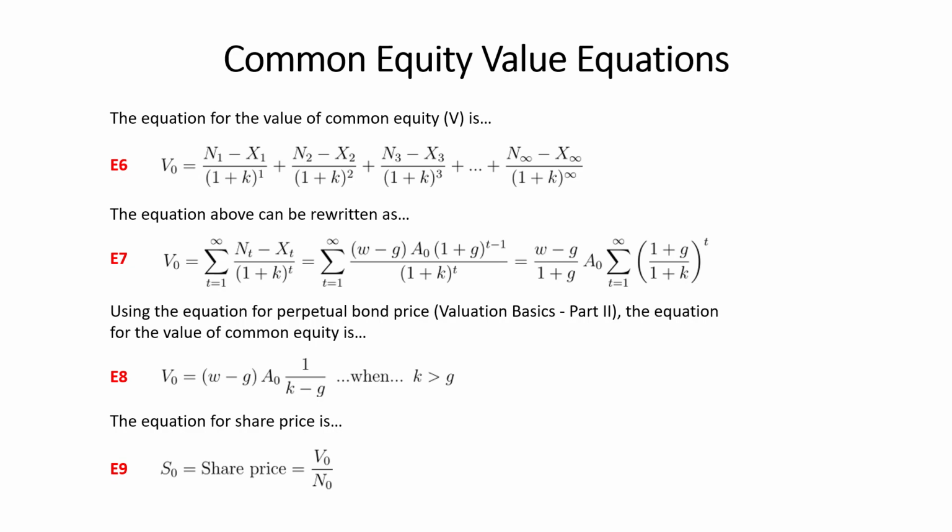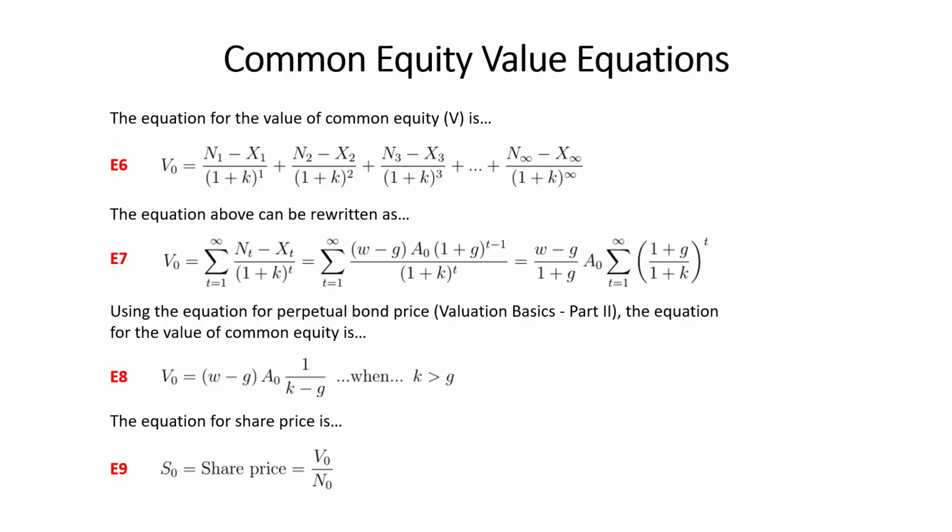E7 takes equation E6. And again, this equation looks like a mirror image of what we already talked about in the perpetual debt case. But we're going to take E6 and we're going to add that summation. And then we're going to rewrite E6 and E7, and you can refer to the videos on perpetual debt, and you're basically going to see the same thing.